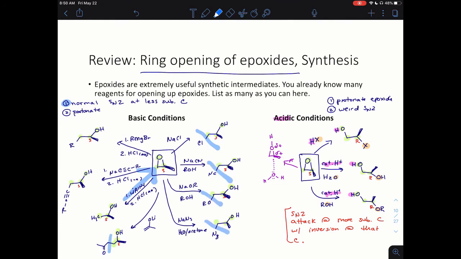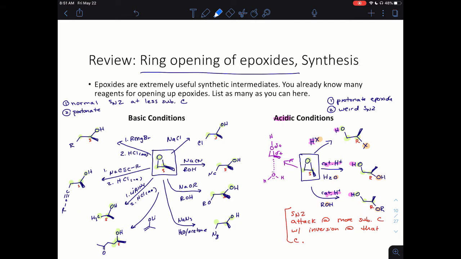And that means there was no inversion of stereochemistry at the stereocenter. So it stayed S. If for some reason there were stereochemistry at the less substituted carbon, then you would see inversion. But in this case, there wasn't, and the carbon with stereochemistry wasn't attacked at all, so its absolute configuration just stays the same.